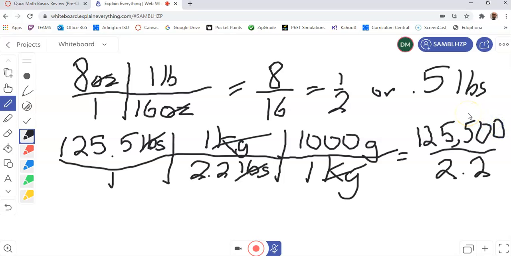And now we're going to divide that to simplify this answer by 2.2, which gives us an astronomically disgusting number of 57,045.4545.